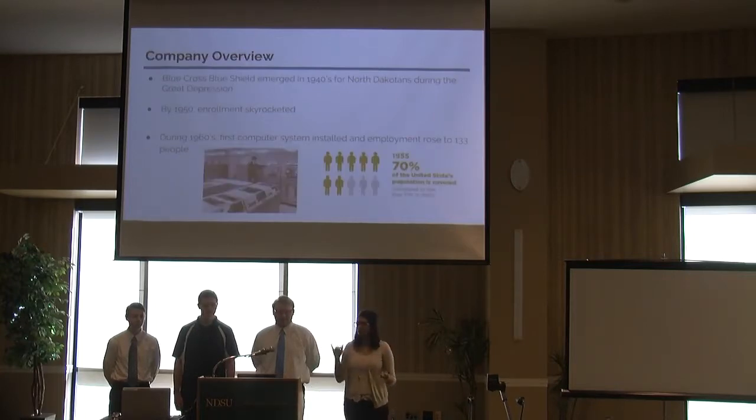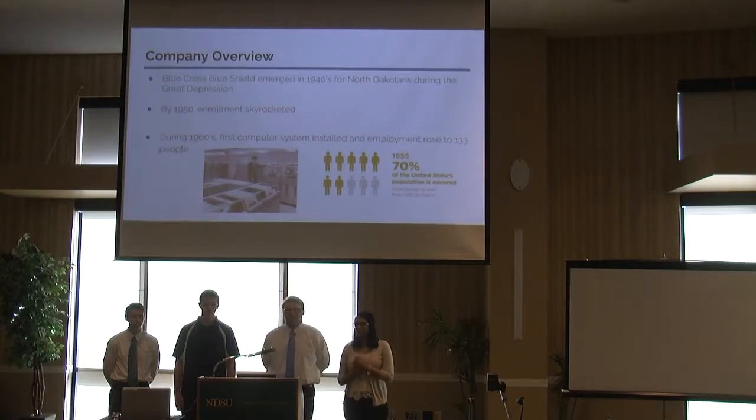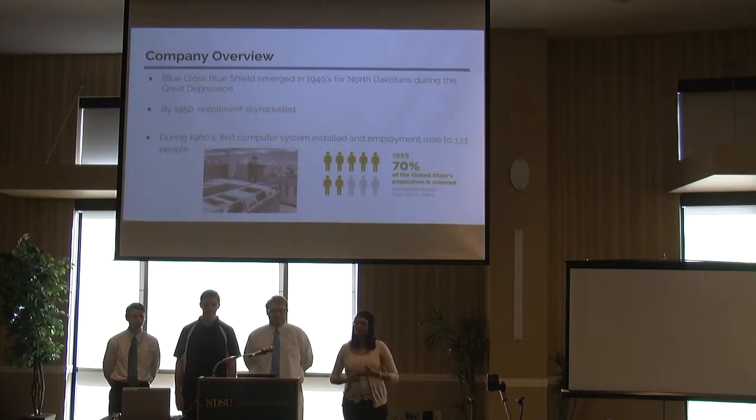First off, we're going to go back and forth between Meridian and Blue Cross Blue Shield, because Blue Cross Blue Shield is the parent company for Meridian Mutual Insurance, and it merged in the 1940s after the Great Depression for North Dakotans. It really helped them out, to the point where enrollment had skyrocketed by the 50s and 60s, which is why in the 60s they finally got their first computer to manage all their employees and customers.